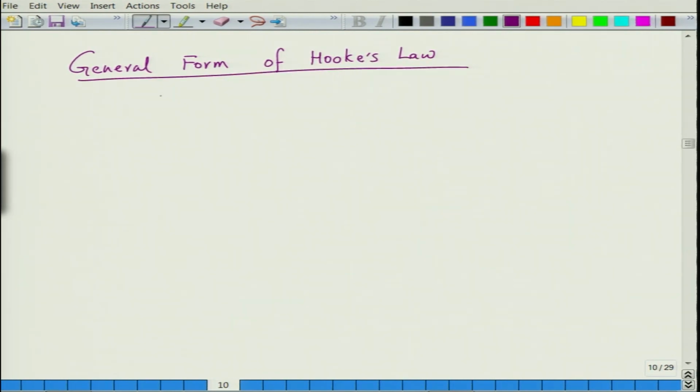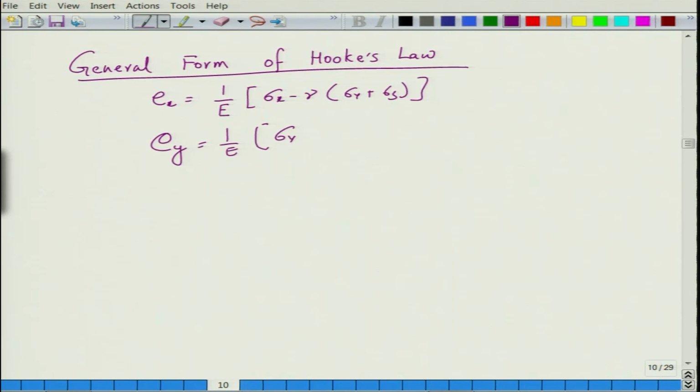And then we looked at the general form of Hooke's law, which says that epsilon x is equal to 1 over E times sigma x minus nu into sigma y plus sigma z. Similarly, epsilon y is equal to 1 over E times sigma y minus nu into sigma x plus sigma z, and then epsilon z is 1 over E times sigma z minus nu into sigma x plus sigma y.